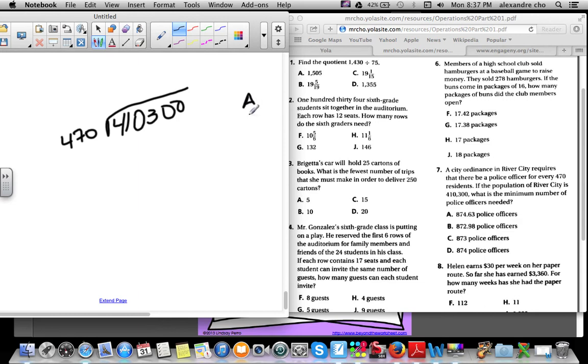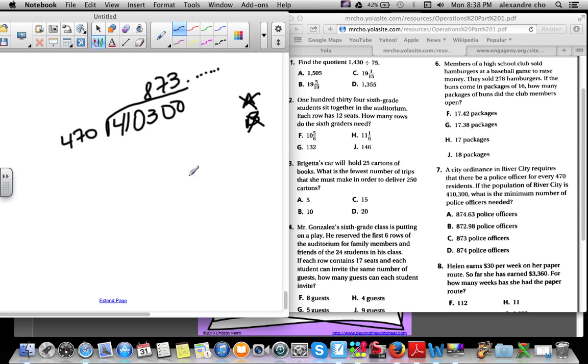Okay, let me tell you something right now. Letter A and B are out. Why can I tell you that they're out? Because you can't have 874.63 police officers. And B, you can't have 872.98 police officers. So A and B are out. Okay, so if you do the division here, if it comes to an answer of 873 point something, for example, your answer is automatically going to be D, because you need 874 police officers.